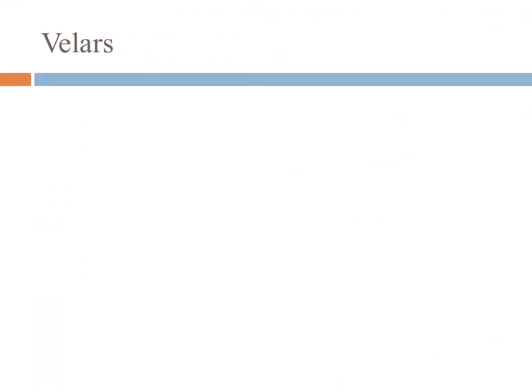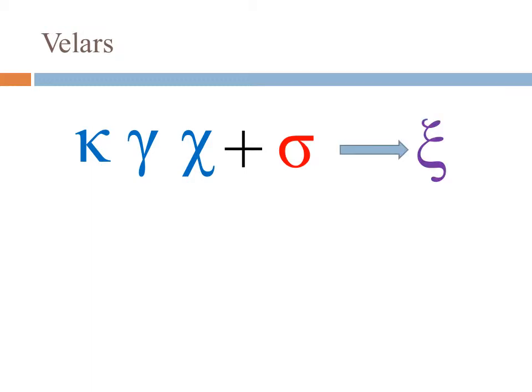Same way the velars, kappa, gamma, chi. If they touch a sigma, they're going to present a ksi, right? K plus S is ks. Kappa plus sigma is a ksi.